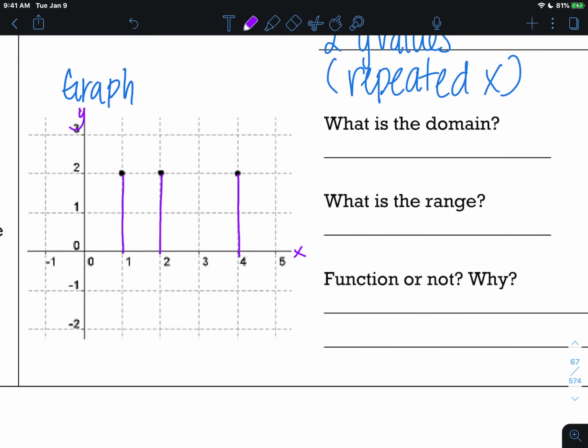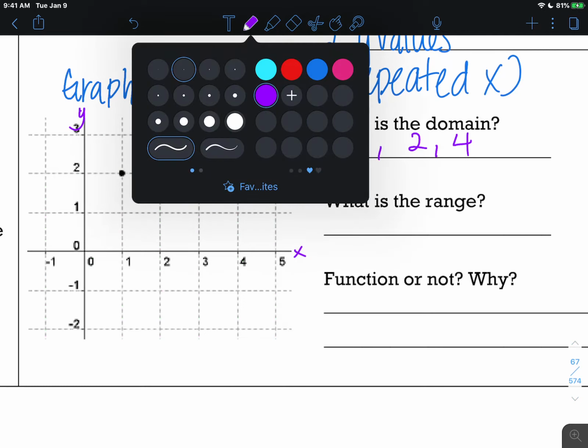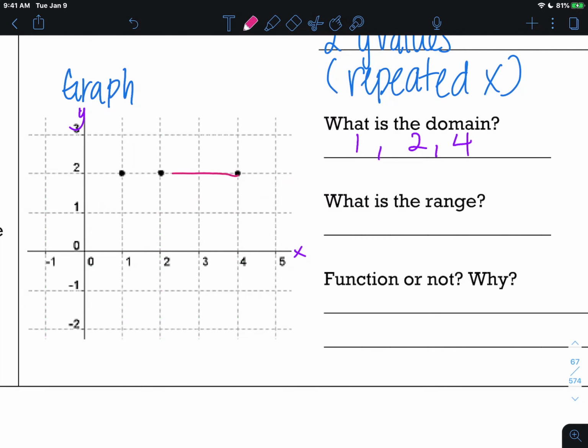That's the y-axis up there. I draw a line down to my x-axis, and I just write the numbers in order because they're already on the number line. 1, 2, 4. All right. Now, go back. Let's take the same approach, and let's draw a line to my y. Oh, look at that. They all go to y is equal to 2.